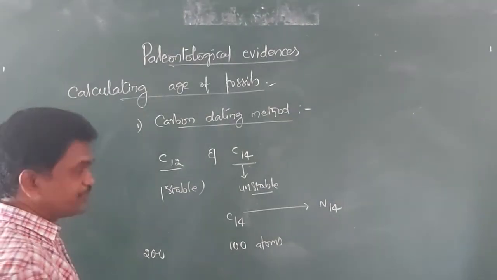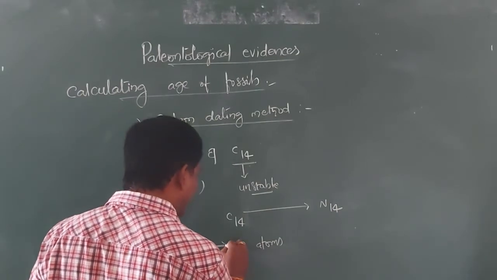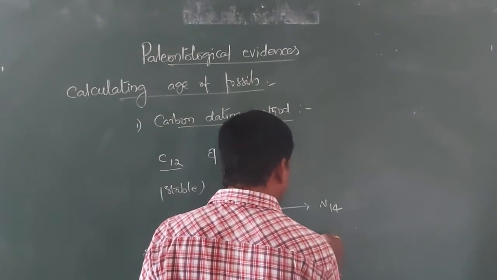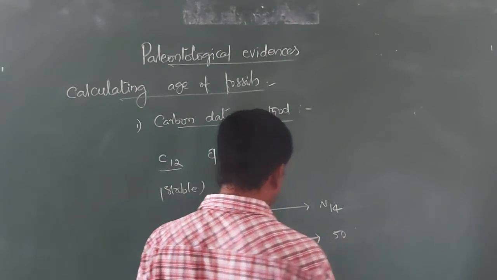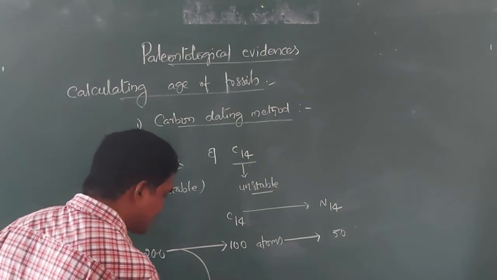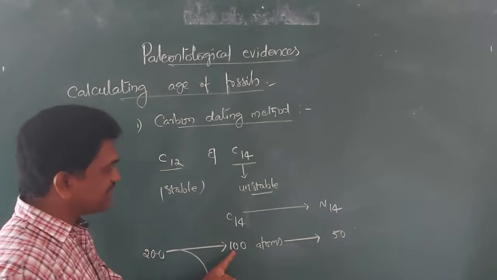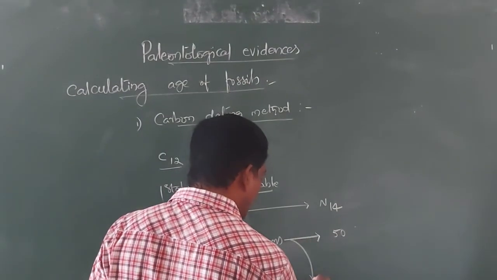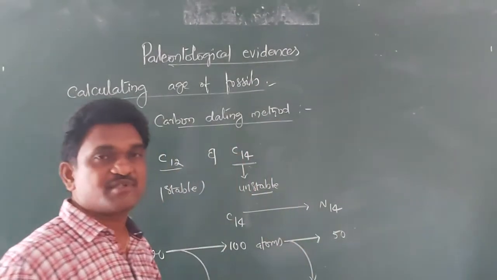After death, 200 carbon 14 atoms became 100 atoms and 100 atoms became 50 atoms. That means what happened? Out of 200 carbon atoms, 100 carbon atoms became nitrogen atoms, so the remaining 100 atoms are left. Out of 100, 50 atoms became nitrogen atoms, so the remaining 50 carbon 14 atoms are left.